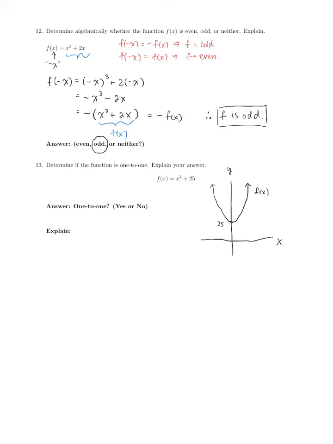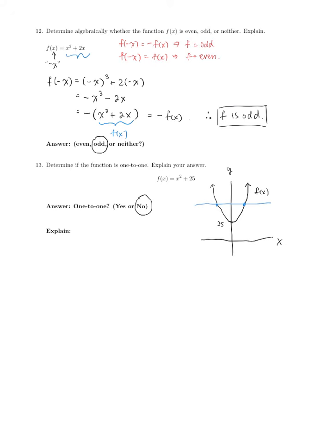Now notice that by the horizontal line test, do you see that it's going to fail? Because if I draw a horizontal line, it's going to intersect the graph at two places. So my explanation would be this: I would say this is not 1-to-1 because it fails the horizontal line test.